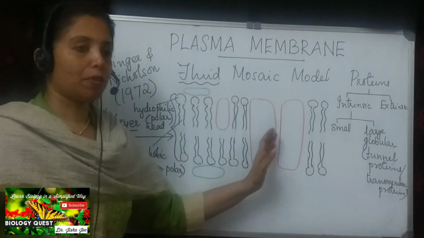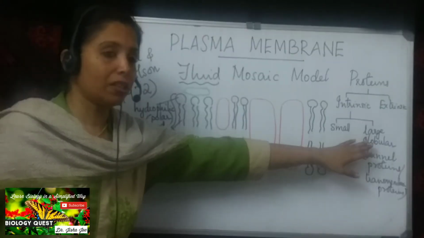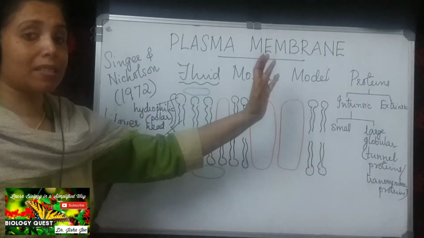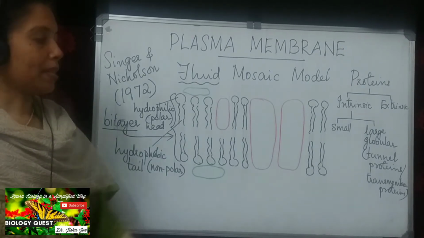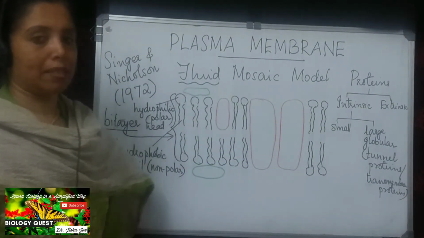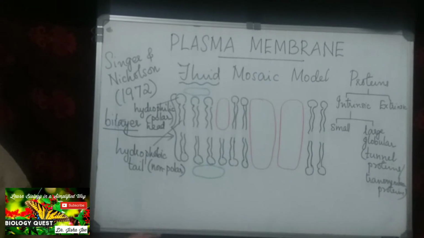The second type is the large protein, which traverses the entire width of the plasma membrane. They are called tunnel proteins or transmembrane proteins.